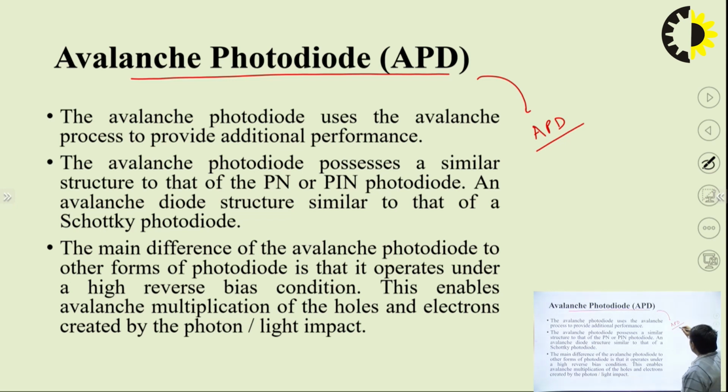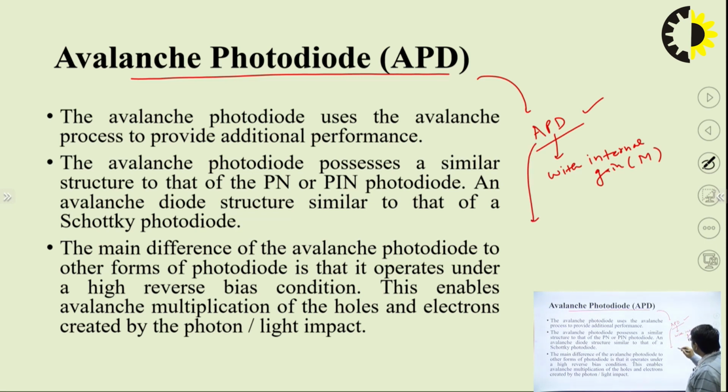This is also known as a photodiode with internal gain, denoted by M. So, PIN is a photodiode without internal gain, whereas this APD is known as a photodiode with internal gain. So, PIN without gain and APD with gain.